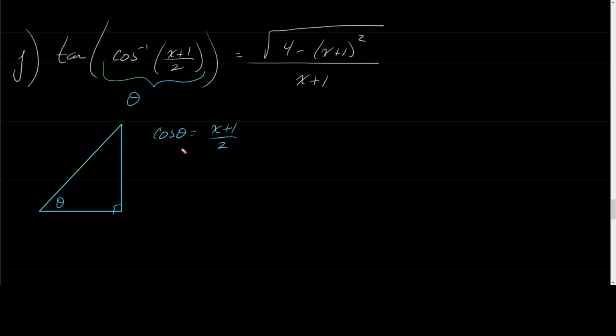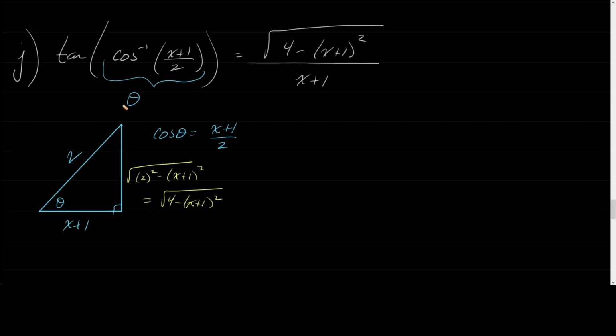So from SOHCAHTOA, cosine is adjacent over hypotenuse, so the adjacent is x plus 1, the hypotenuse is 2. Meaning, by the Pythagorean theorem, that the remaining side would be the square root of 2 squared minus (x plus 1) squared. In other words, the square root of 4 minus (x plus 1) squared.